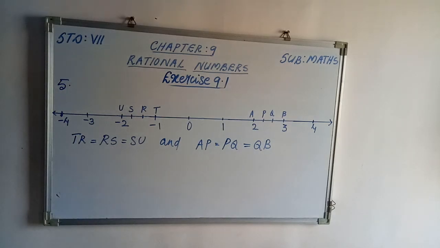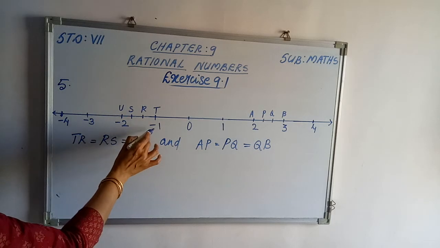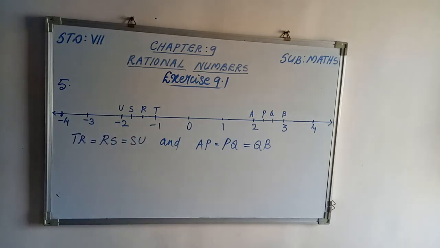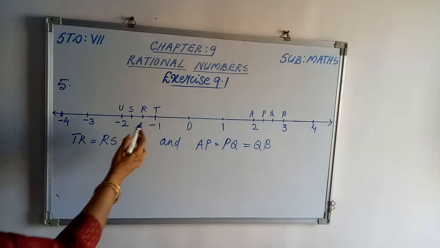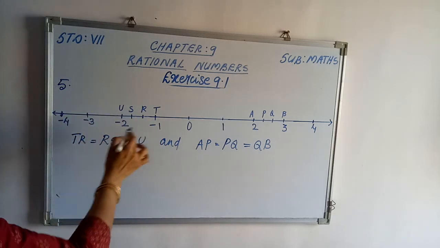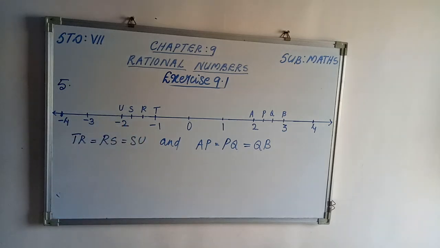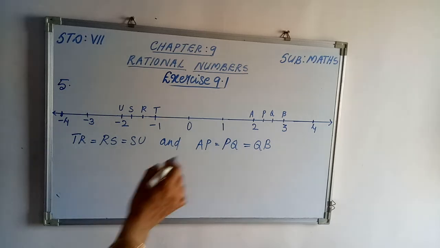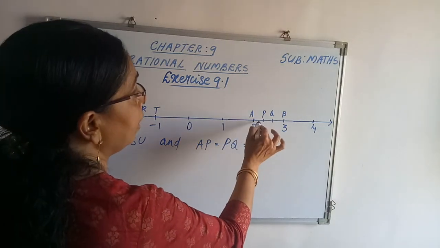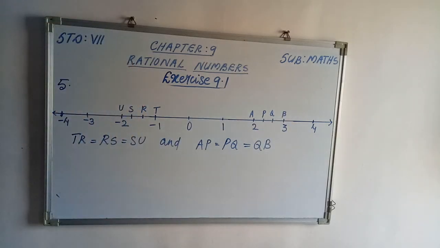Therefore, the distance between -1 and -2, see here, is divided into 3 equal parts, isn't it? 1, 2 and 3. Same way, the distance between 2 and 3 is divided into 3 equal parts.